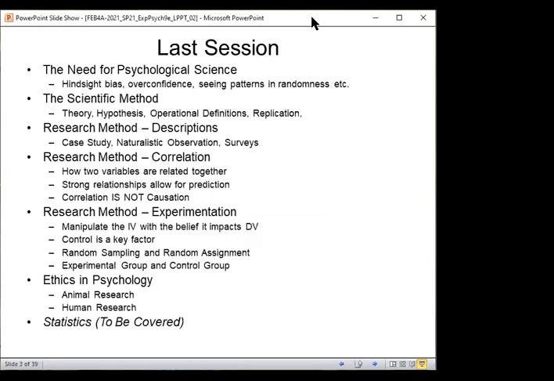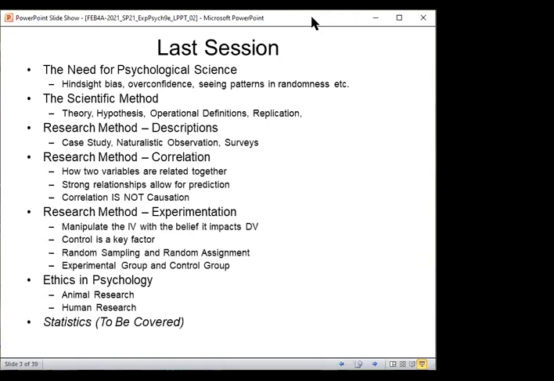We tend to be more overconfident than we should be when it comes to what we believe to be the truth. We tend to see patterns in randomness when those patterns really are not there. So these things sometimes fail us when it comes to our ability to critically assess information that's been put in front of us. And so critical thinking is a very important skill to have.